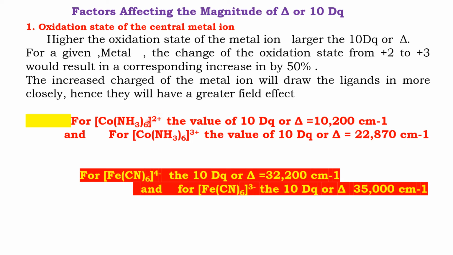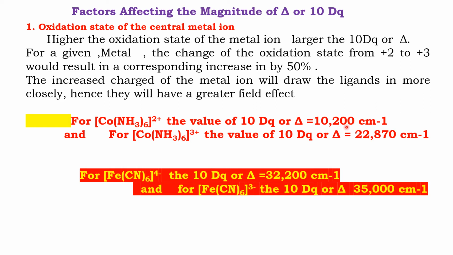Here cobalt is in the +2 oxidation state. And I am taking another complex where cobalt is in the +3 oxidation state. The metal is cobalt, the ligand is ammonia, but the oxidation state of one is +2 while the other is +3. For the first complex, the 10 Dq value is 10,200 cm inverse.